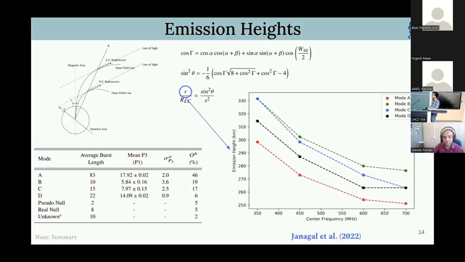So my question is, the calculations which you have shown here in terms of the emission heights, do they correspond to the asymmetry in the profile? That is, are these consistent with the expected asymmetry in the profile? The asymmetry is, I think, ingrained in this value W10, which is the width. So it is taken care of when we calculate these emission heights.